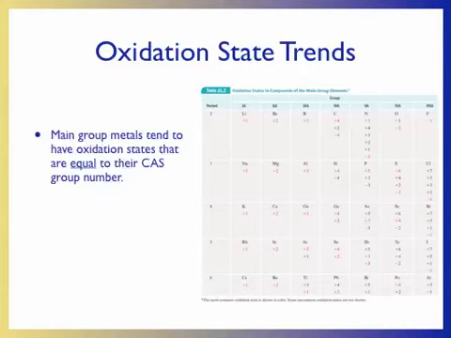For main group metals, especially those on the left-hand side of the periodic table, the oxidation states for those elements in compounds usually equal their CAS group number.